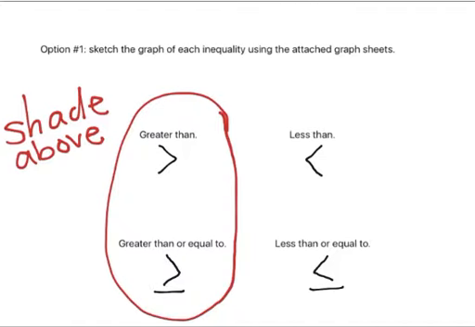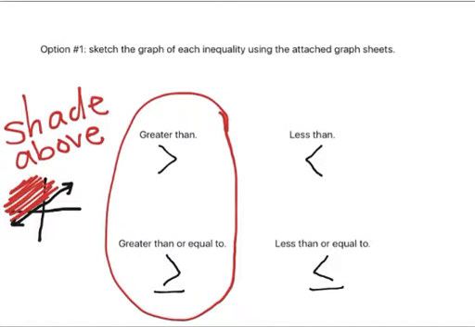So what I mean by shade above is if I have a graph and this is the line that is graphed, in order to shade above that line, that would be everything up here. We will be shading these inequalities.